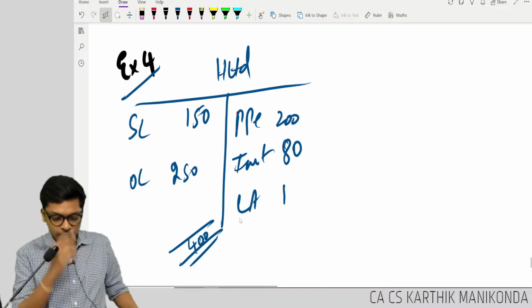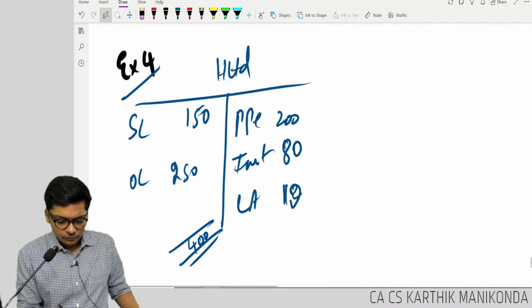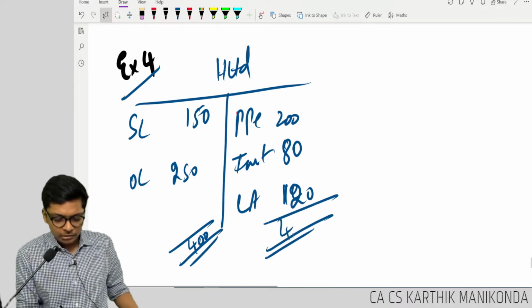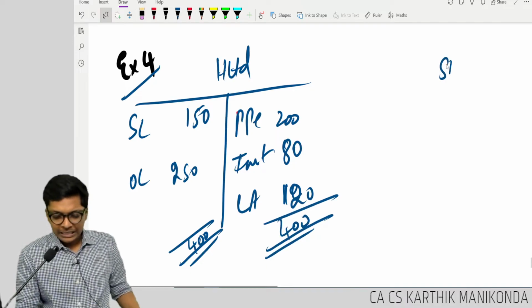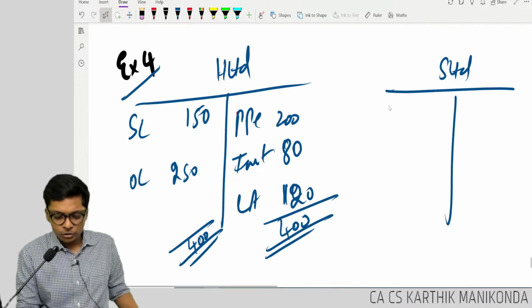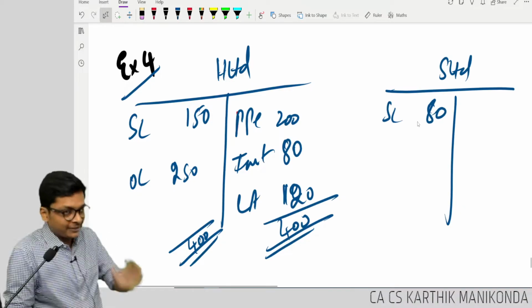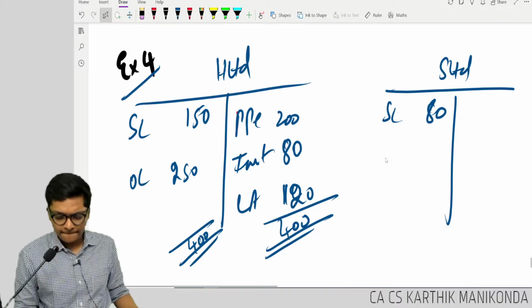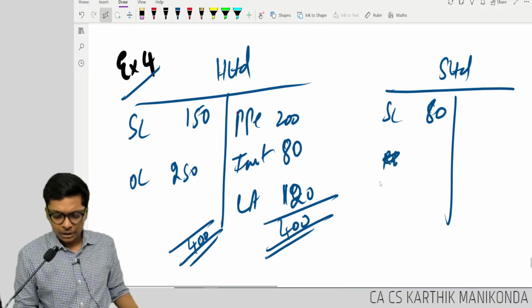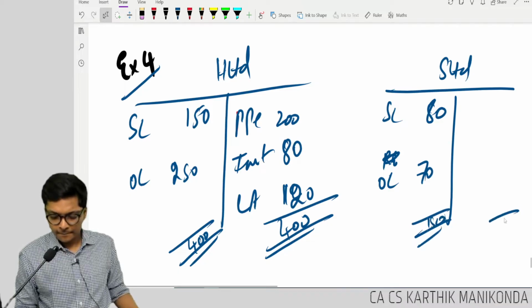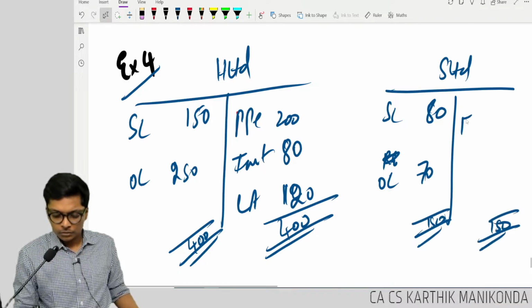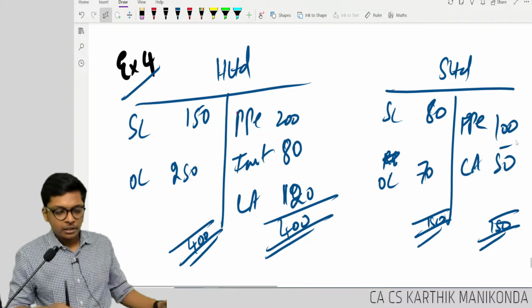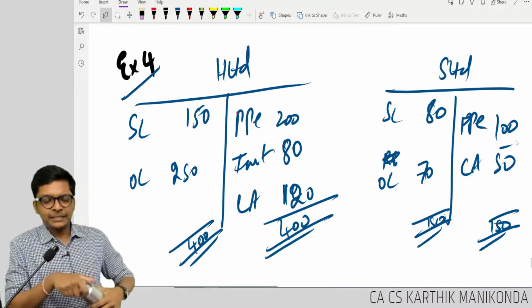So this will be 120. Total is 400. S Limited also has the same values, no change. Share capital is the same 80. First case, same 80. Other liabilities, okay, same example, just like example number 1.